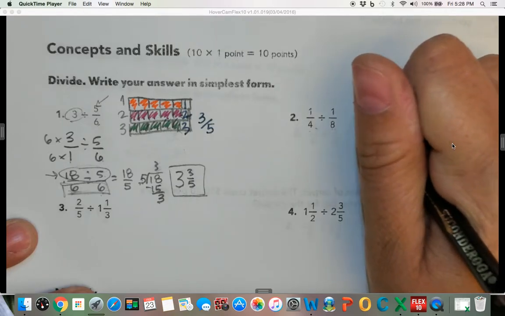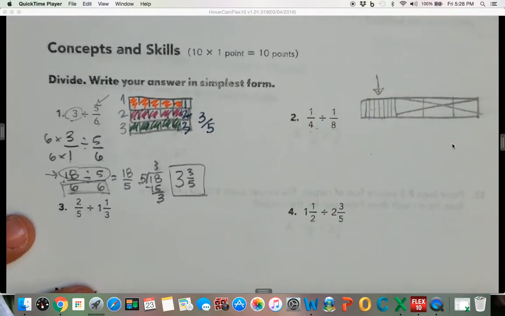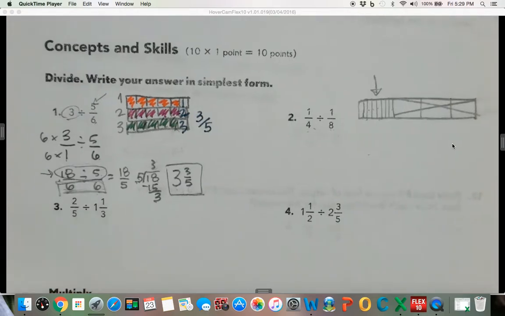Pieces of 8. Wait a minute, that's not right. Just a minute.